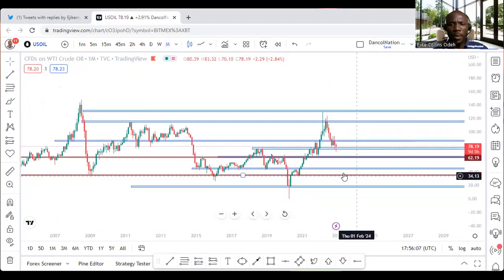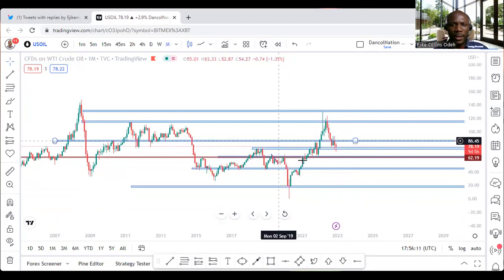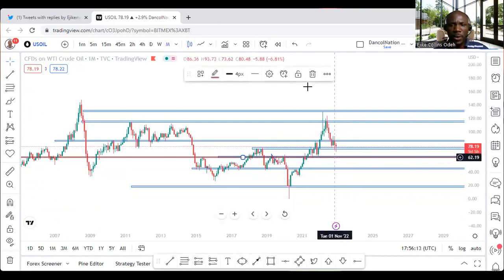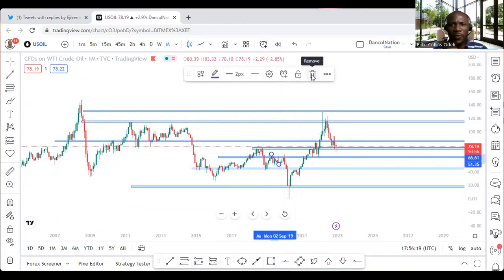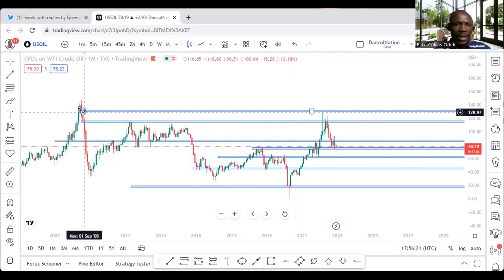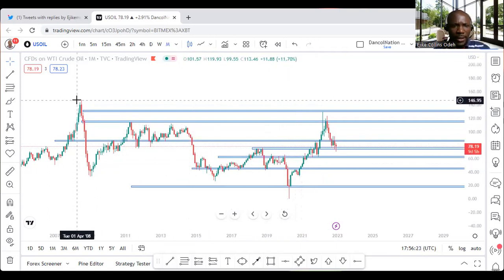Now, in monthly as it stands now, we can see from this chart pattern that the highest that oil has reached was on 1st of July 2008.